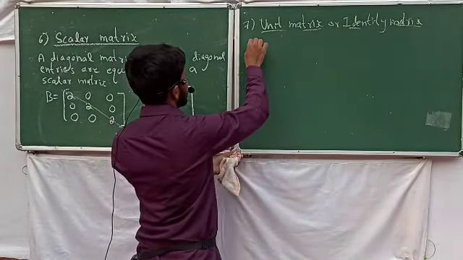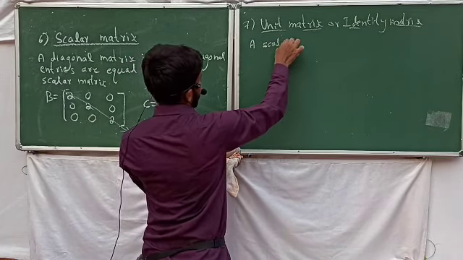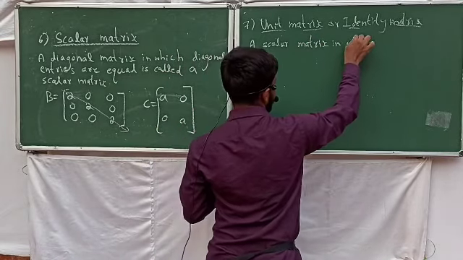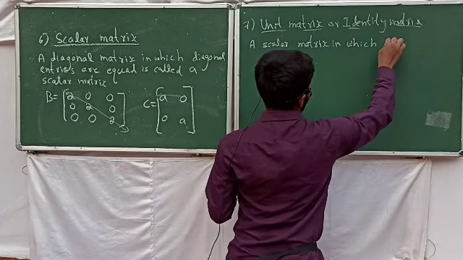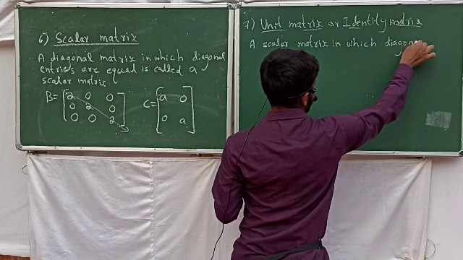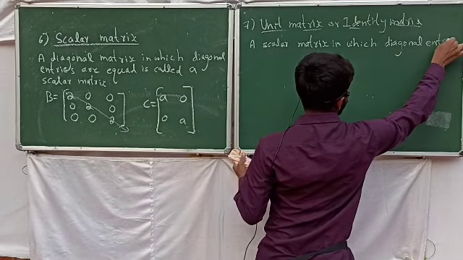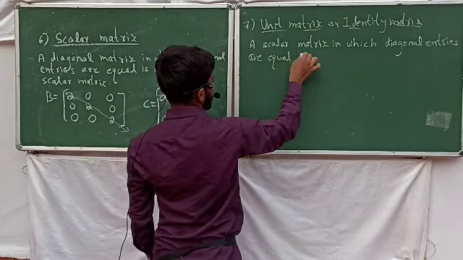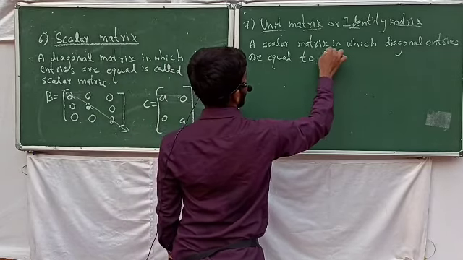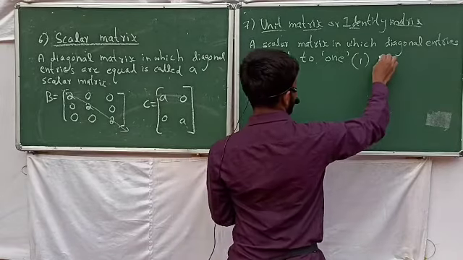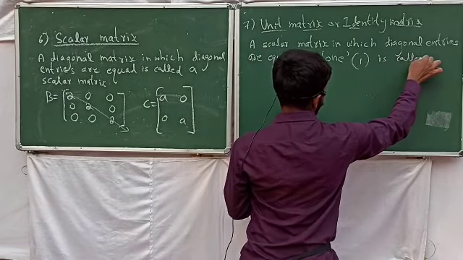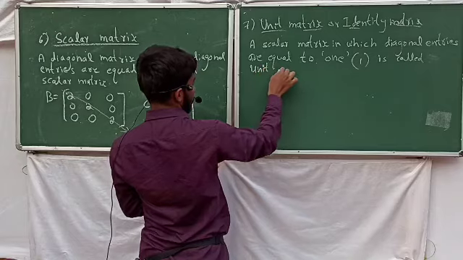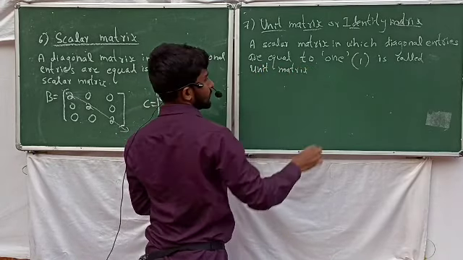See, the definition says a scalar matrix in which diagonal entries are equal to 1, a real number 1, is called a unit matrix. It's similar to a scalar matrix.